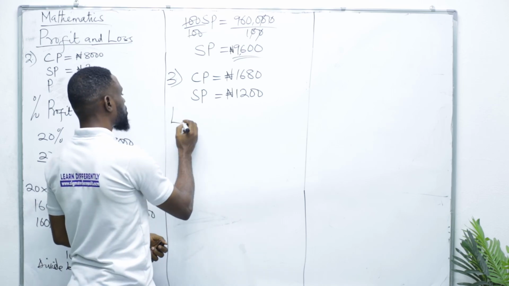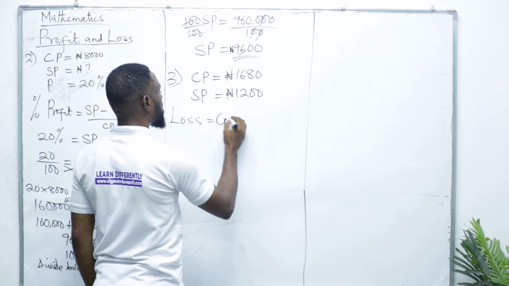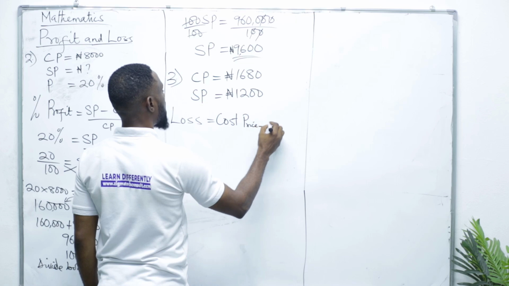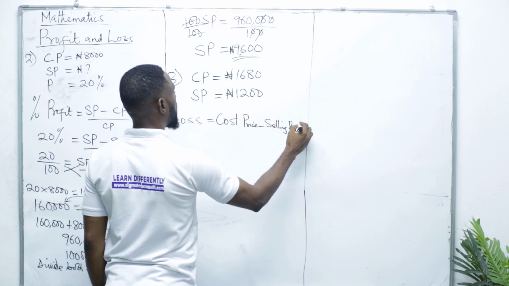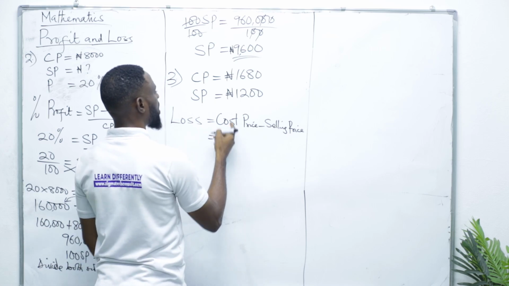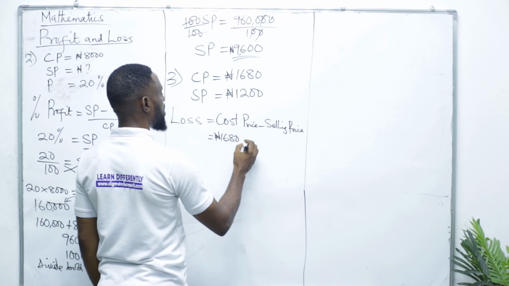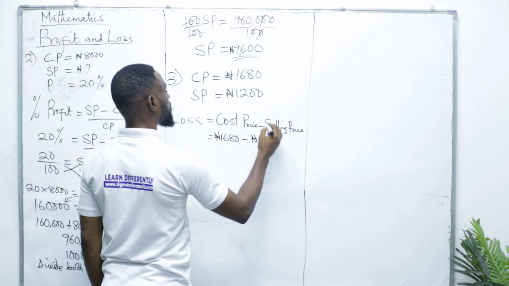Okay, since this person obviously made a loss, what is our formula for loss? Loss is equal to cost price minus selling price, which is equal to our cost price, 1,680 Naira, minus selling price, 1,200 Naira.